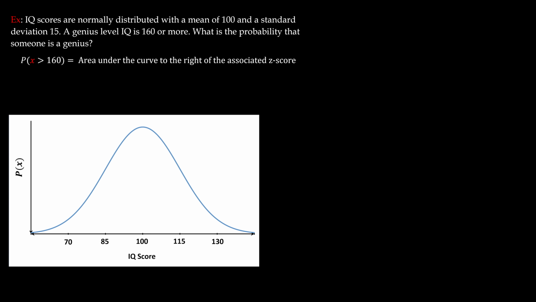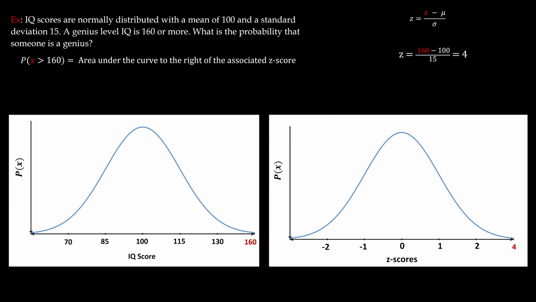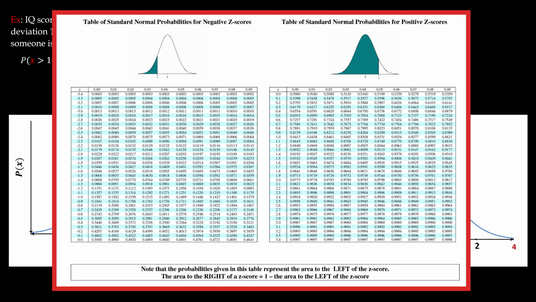If someone is a genius, they must have an IQ score of 160 or more. So we find 160 on our graph and shade the area we are looking for. Next, we must convert 160 to a z-score. We don't have a z-score of 4 on our table, and that's because the probability is too large.